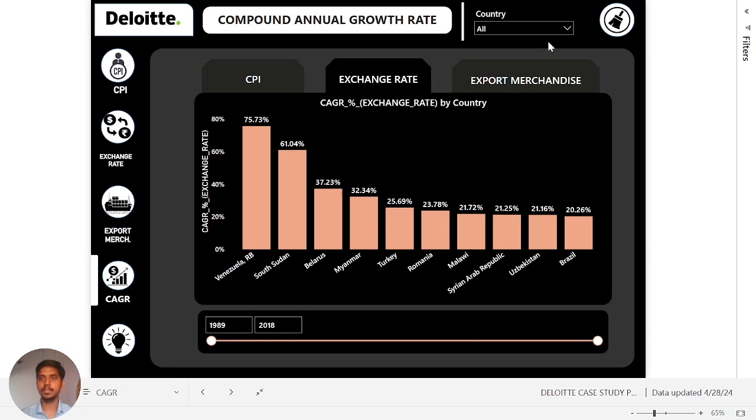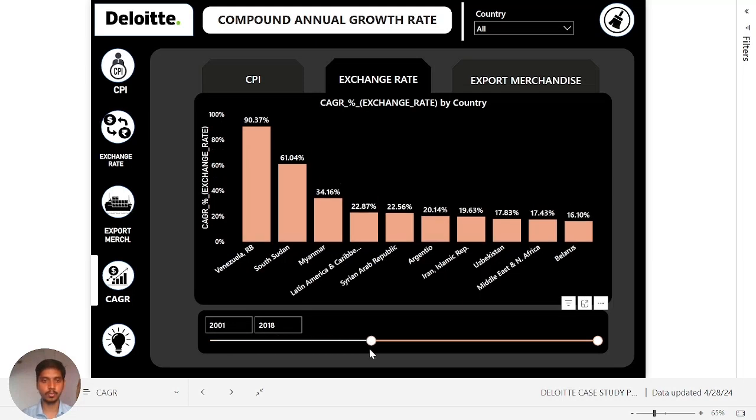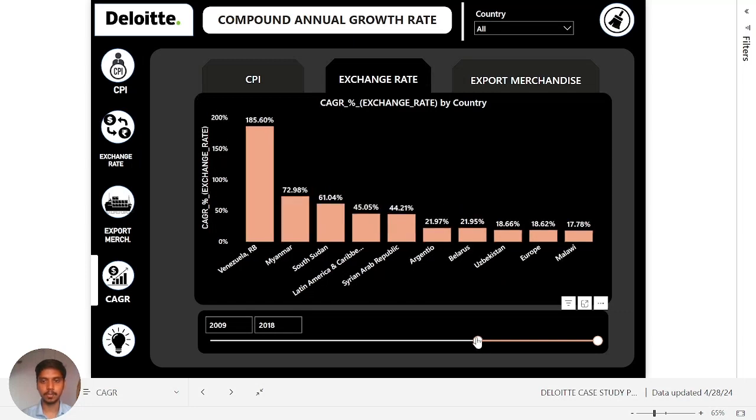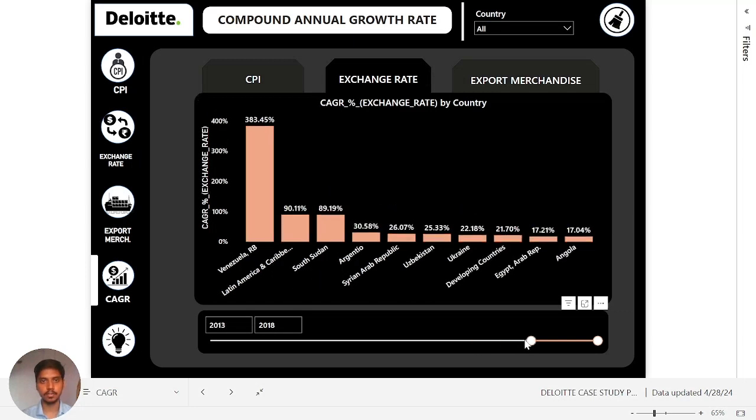Here also you can select the countries according to your convenience, and you can also use the scroll bar according to whichever period you want. Like if I select between 2001 and 2018, you can find the countries which are in the top 10 position. You can see the annual growth rate is increasing by 383.45 percent.